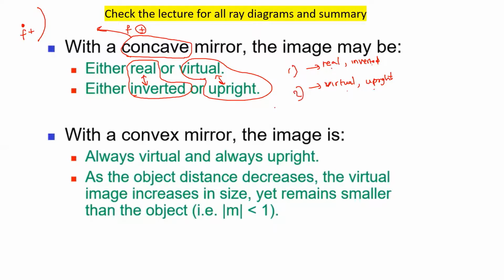But for a convex mirror, this is very important because they can test this in conceptual problems. For a convex mirror, images are always virtual and always upright. That means your DI is always negative, and M is always positive, right?